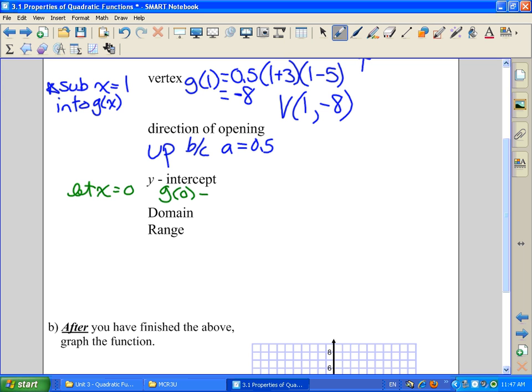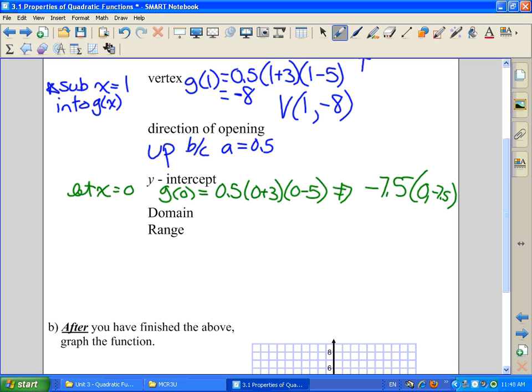Again, you sub it in. So it's going to be 0.5 times 0 plus 3 times 0 minus 5. Use your calculator and you'll find that the y-intercept is negative 7.5. And if you're wondering what ordered pair that would be, 0 and negative 7.5.